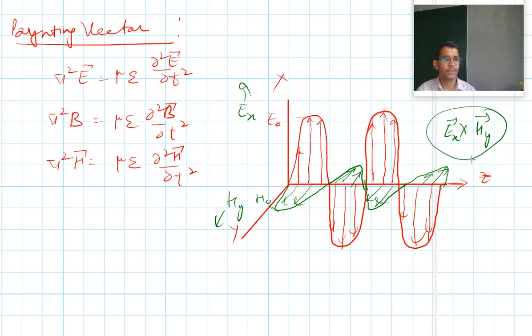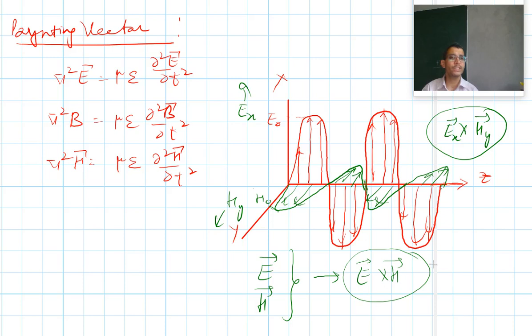In simple words, if the electric field is represented by E and the magnetic field by H, then the wave is propagating along E cross H. That is what we are getting, and we call this quantity the Poynting vector. And what does this E cross H mean?